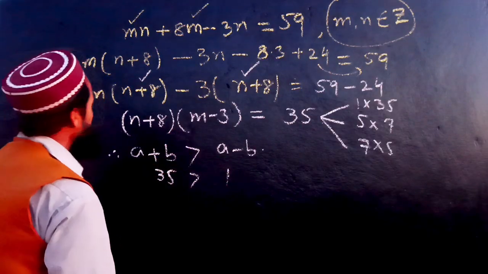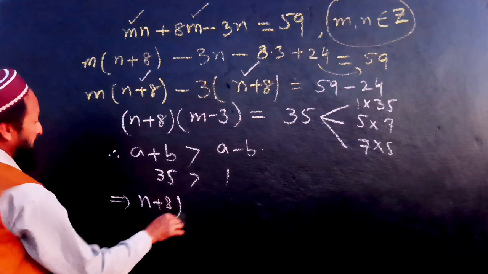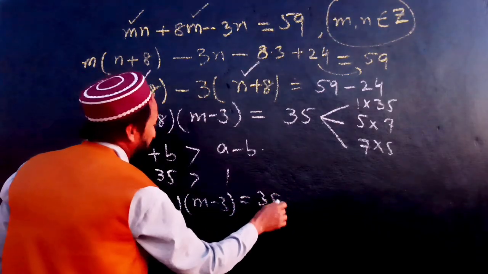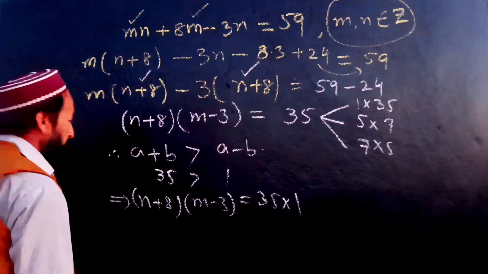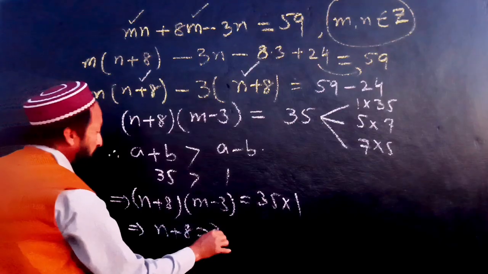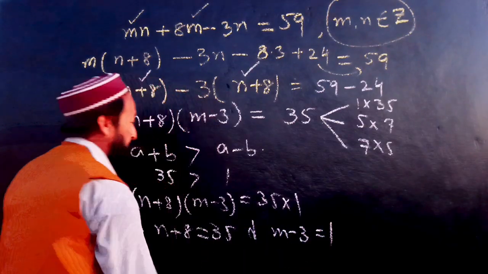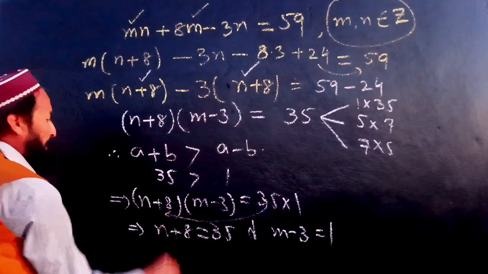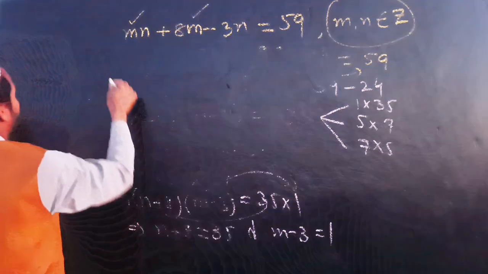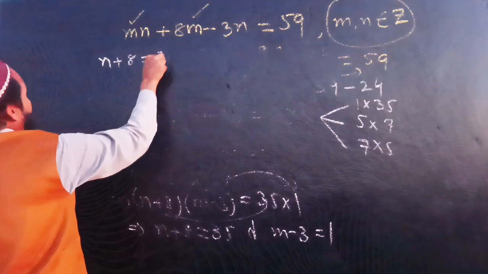So here we can simplify this. The case number first: (n + 8)(m - 3) is equal to 35 multiplied by 1. So n + 8 is equal to 35 and m - 3 is equal to 1. This will be compared with this one, and m - 3 is considered to be 1. So we calculate n + 8 is equal to 35.